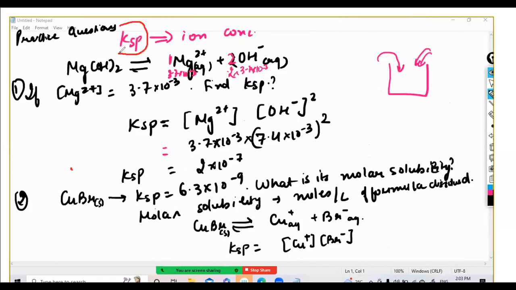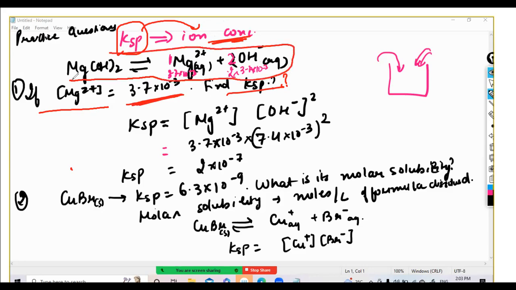Why are we interested in the Ksp value? We can go ahead and find the ionic concentration. For example, you have this question: the Mg2+ concentration is given as 3.7 x 10^-3, and you have to find the Ksp value. This is the equilibrium reaction given here.